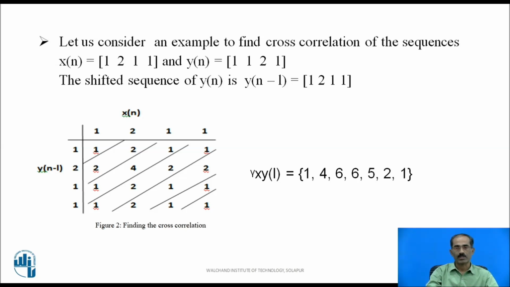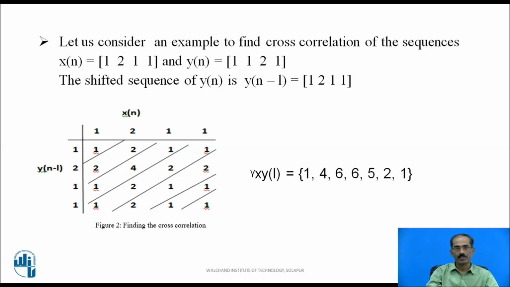Then multiply the first element in the column with all the elements present in the row and write as 1, 2, 1, 1. Similarly, second element in the column will be multiplied with all the elements in the row, that is 2, 4, 2, 2.